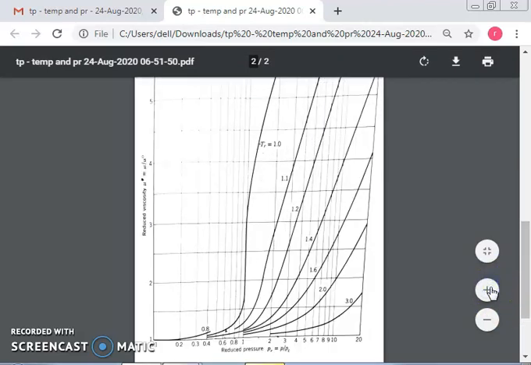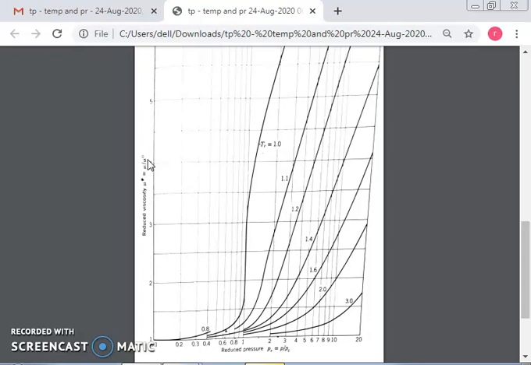So this is the second chart available for finding out the viscosity. Here we are plotting reduced viscosity and reduced pressure, and here we are taking reduced temperatures. This reduced viscosity is represented as mu hash. Its equation is mu by mu 0.